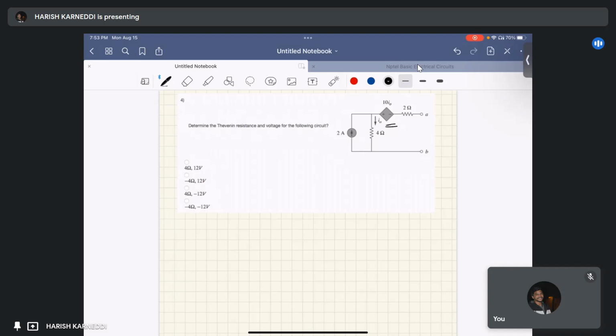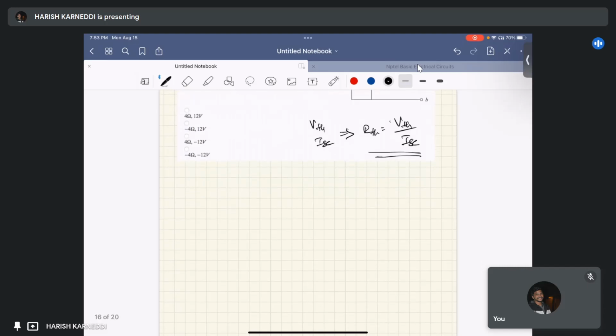To find the Thevenin's resistance, we can use two methods. You can find the VTH and the ISC, and from these two values you can find the RTH, that is VTH by ISC. This is one method of finding the equivalent resistance.